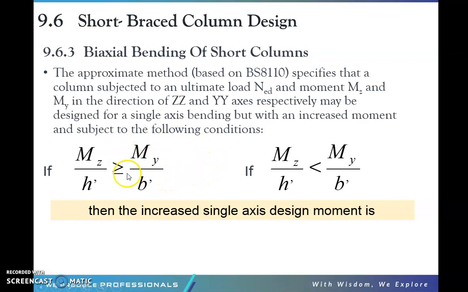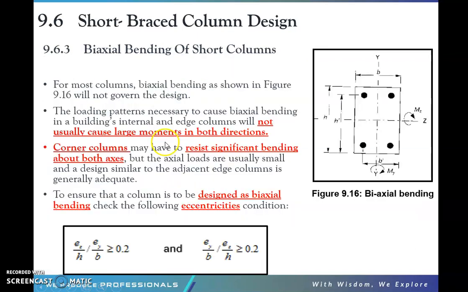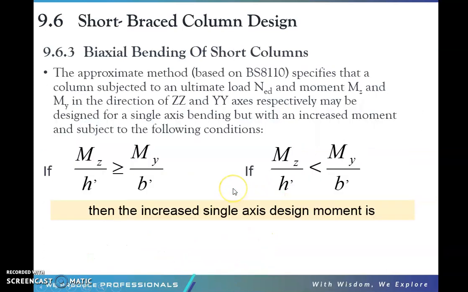So kita dah kira dia punya eccentricity tadi. Bila dah kira eccentricity, kita dah tahu dia kena design, bila dia dah fulfill this condition, dia kena design as a biaxial bending. Macam mana nak design dia? Dia kena design for a single axis bending, with an increased moment and subject to the following condition.